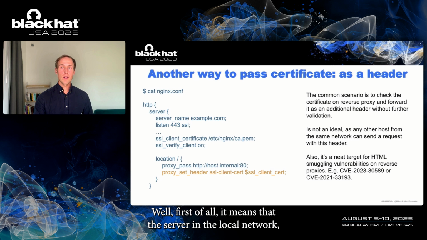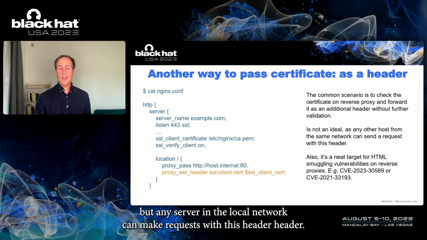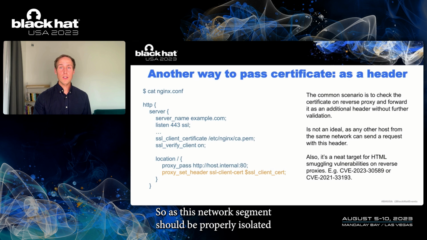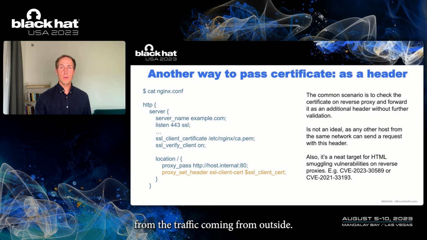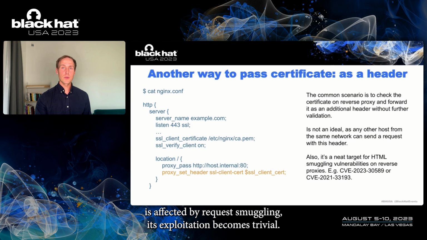Why? Well, first of all, it means that any server in the local network can make a request with this header. So this network segment should be properly isolated from the traffic coming from outside. Additionally, if a backend or reverse proxy is affected by request smuggling, its exploitation becomes trivial.